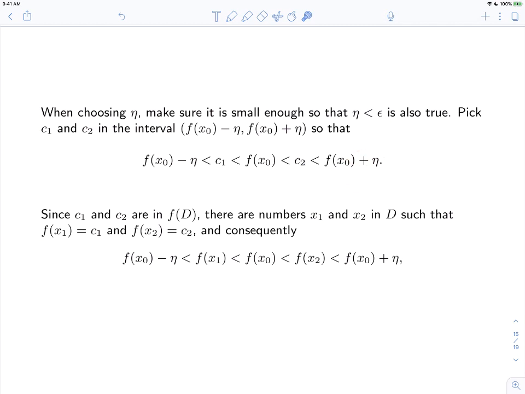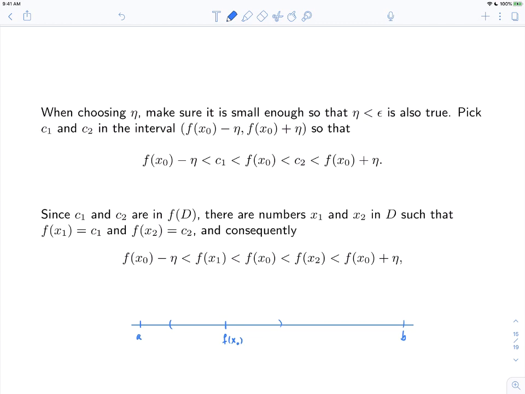Now this is a lot easier to see in terms of the picture. Let me just redraw the picture for you. Let's just draw it here. So here's A, and here's B. And f at x naught is somewhere in here. We don't know where it is. Let's just say it's here. And we're choosing some eta like so.